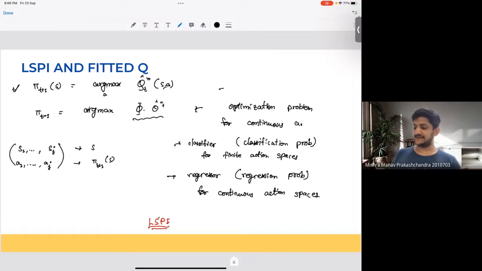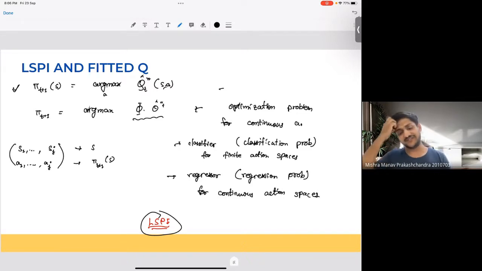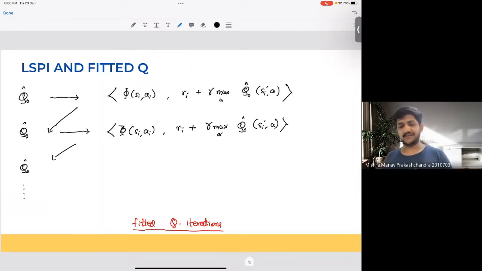Okay, and this method is known as LSPI. So all you need to do is, you don't need to solve the optimization problem for all possible states that are available. You just need to solve it for some J states, and then you use either a classifier or regressor depending on the nature of the action space that you have. Okay, and this is the LSPI method.